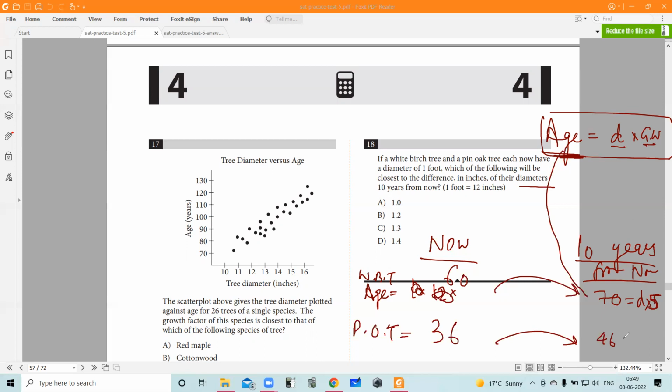And 46 equals D times 3. So how much is D of the white birch tree? That would be 14. So the D of the white birch tree is 14. And what is D of the pin oak tree? You can use the calculator also. Yeah, let me just do that.